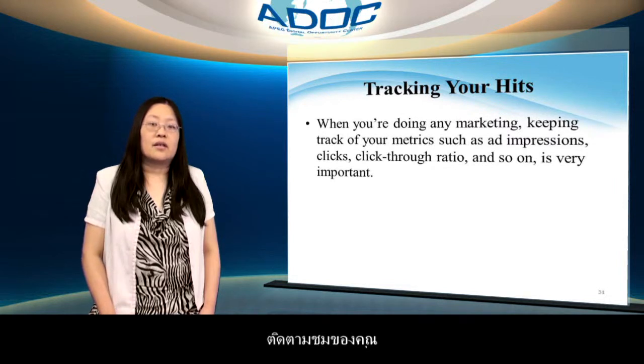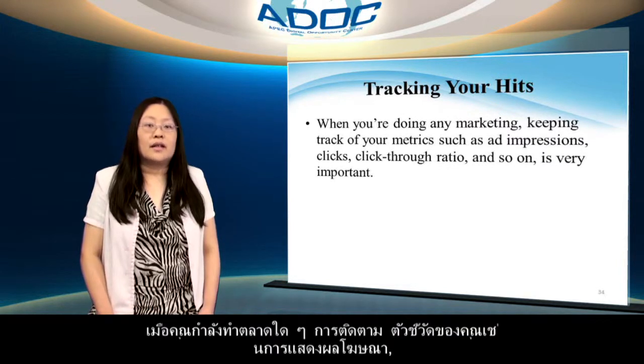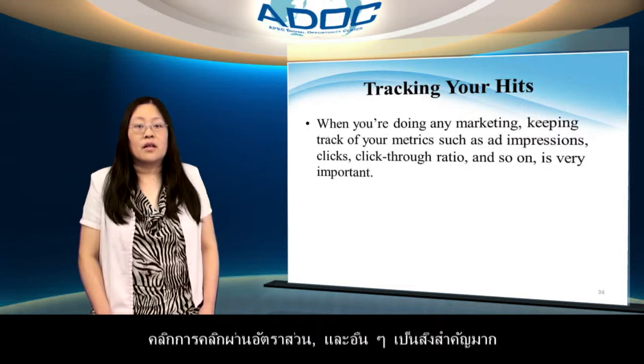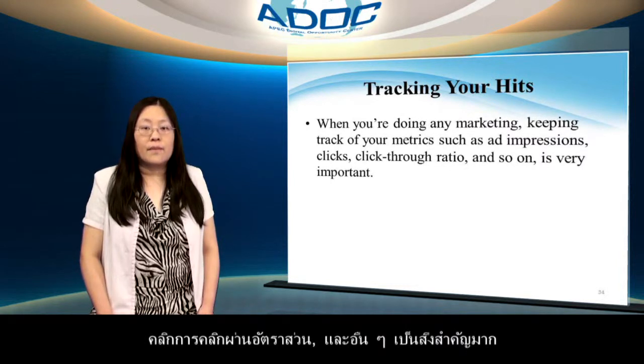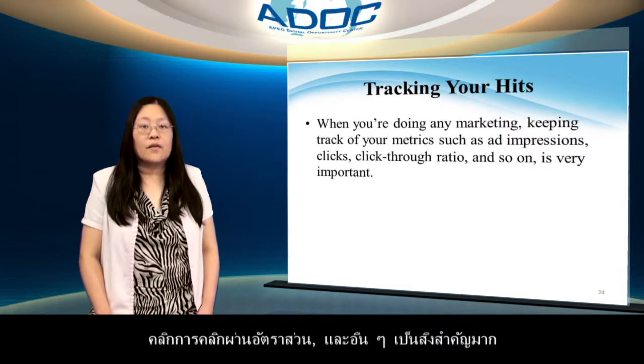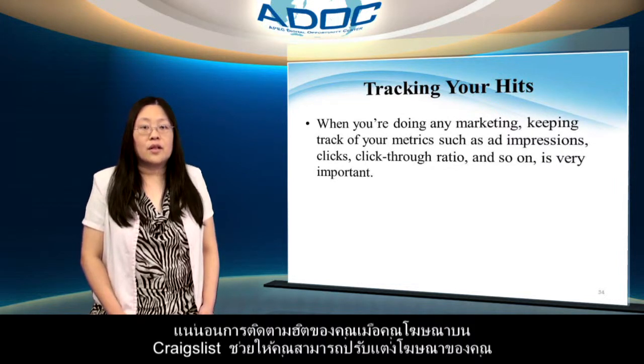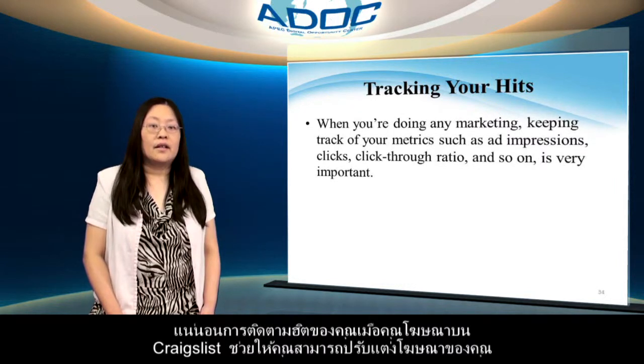Tracking your hits. When you are doing any marketing, keeping track of your metrics such as ad impressions, clicks, click-through ratio, and so on is very important. Certainly, tracking your hits when you advertise on Google can help you tune your ads.